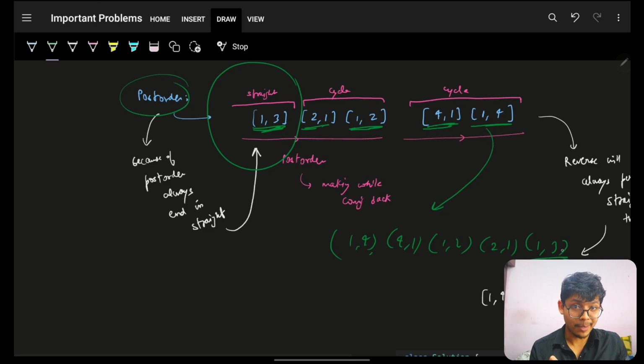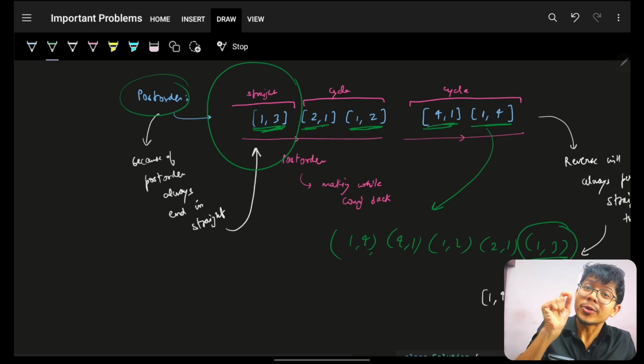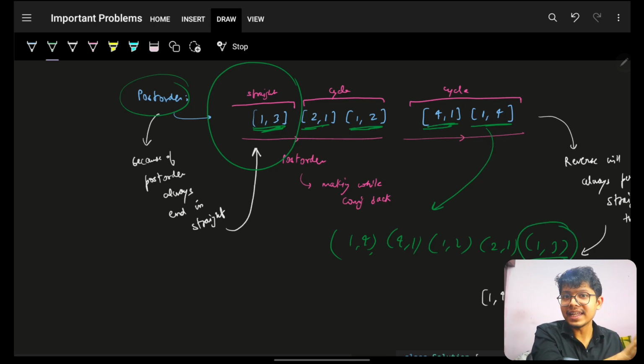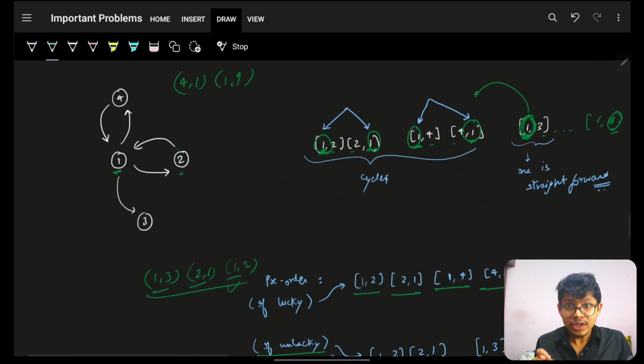You see what happened? This thing ultimately automatically came in the end, and this was only possible because you did the entire DFS while coming back onwards. You knew that this coming back onwards, if it is the first time you are traversing, will always be a straight path.